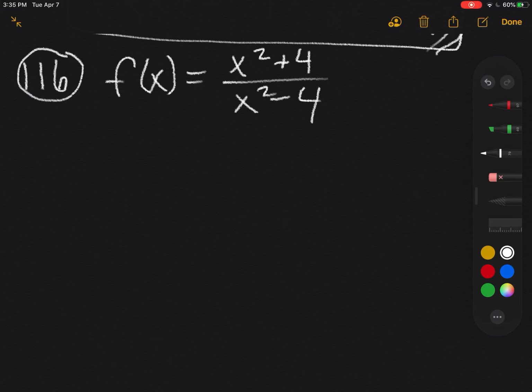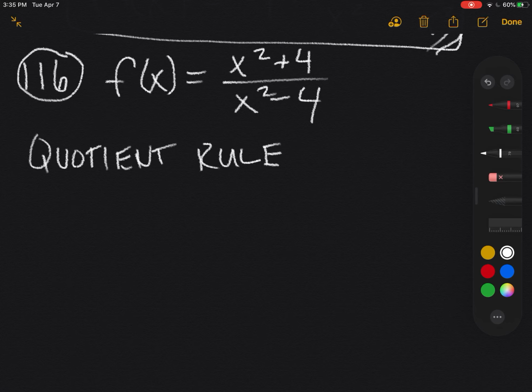All right, my loves. Okay, this one, there is no escaping the quotient rule. There's no escaping it. So I'm going to have to suck it up and do the quotient rule. And remember the quotient rule says this.